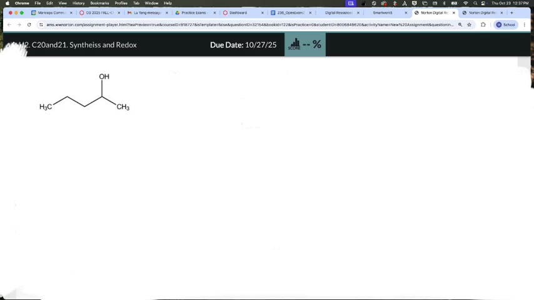So what chemistry do I have? I have an acidic hydrogen. I have a nucleophilic or basic oxygen. I have an electrophilic carbon. Okay? You see where I'm going with that? So the starting structure isn't a bad place to look.